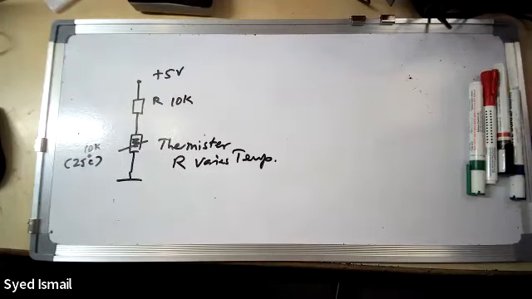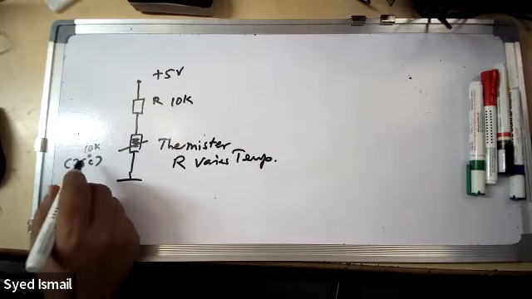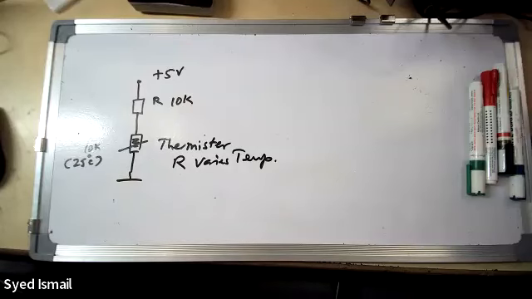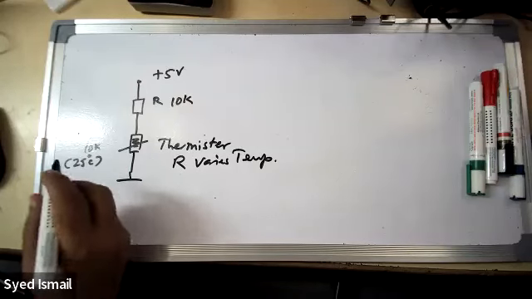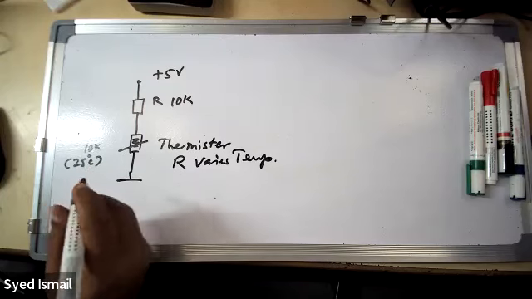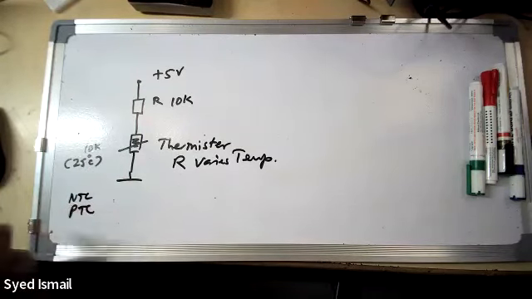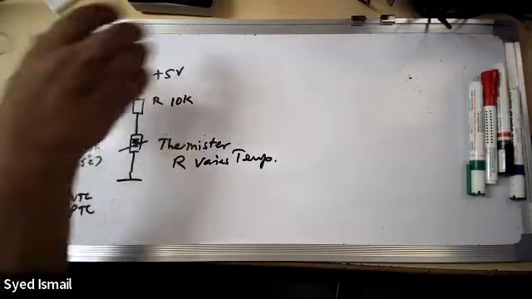So when you buy a thermistor, at 25 degrees Celsius it gives you 10K. The same will vary based on the temperature increase. Normally, depending on what you buy, NTC or PTC type, negative temperature coefficient, positive temperature coefficient. Don't get confused right now with that.